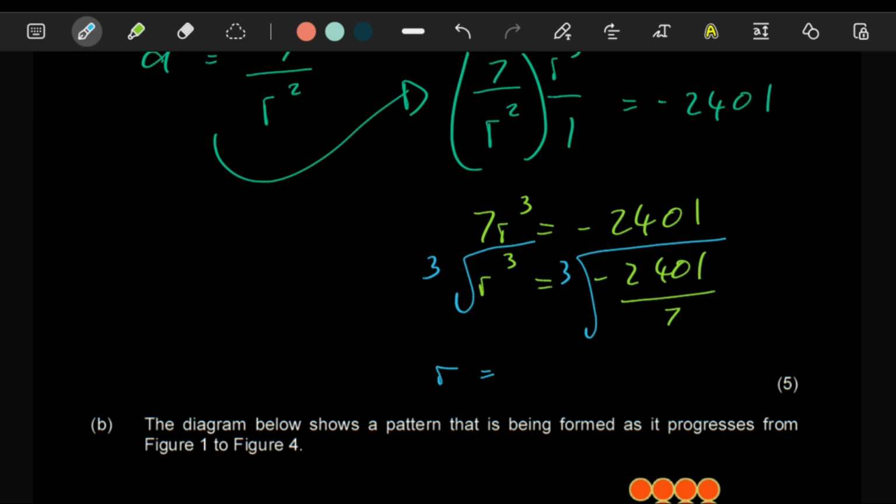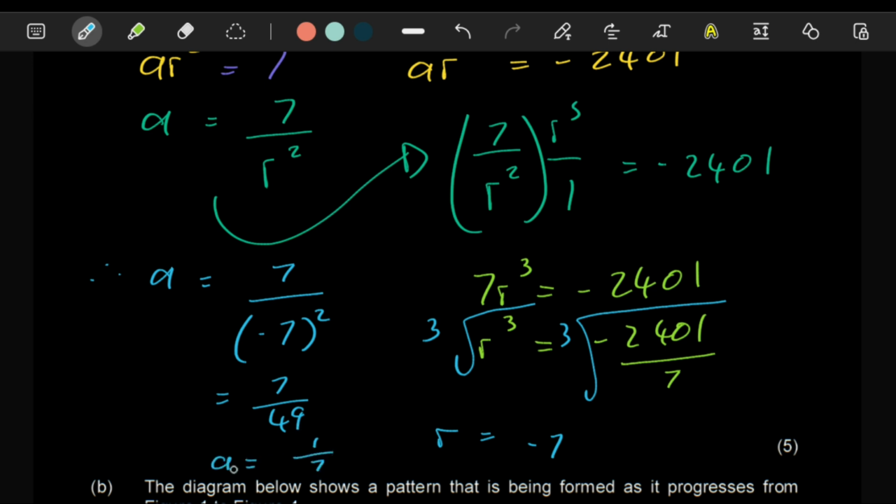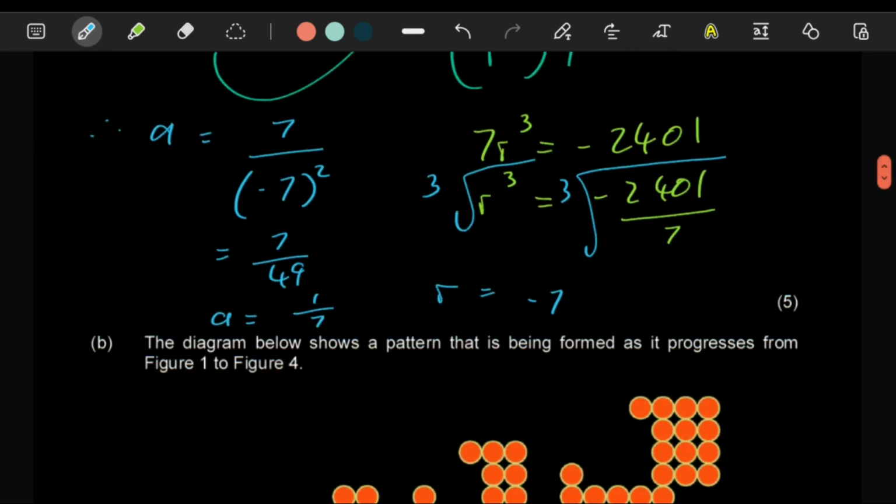So your value of r is going to come out as negative 7, which you can check in the calculator. Therefore, A is equal to 7 over r squared, and negative 7 squared is 49. So 7 over 49 is 1 over 7. Such an easy question, right?